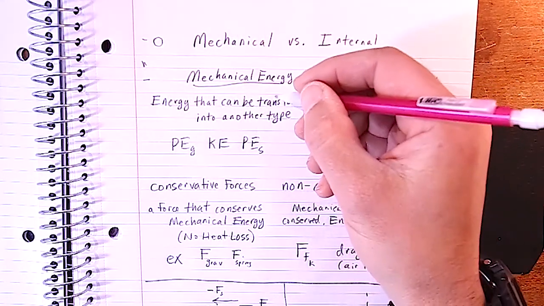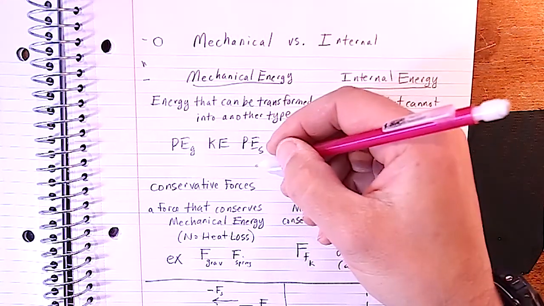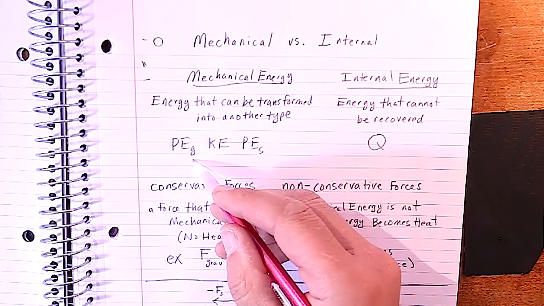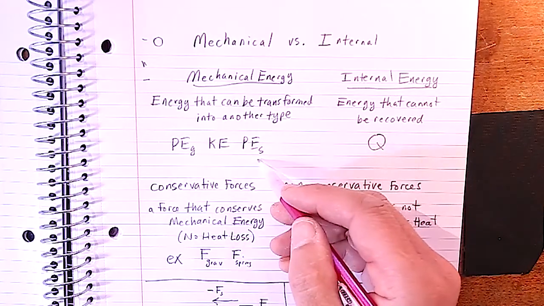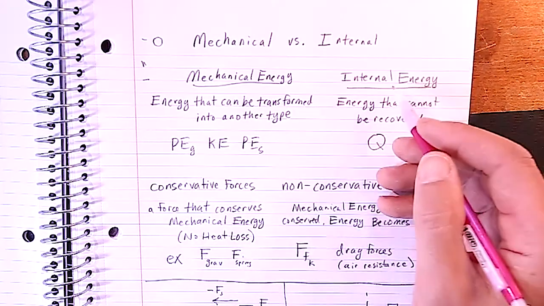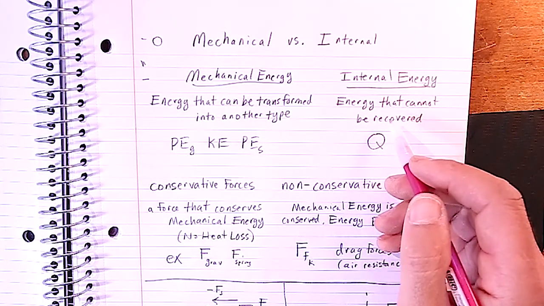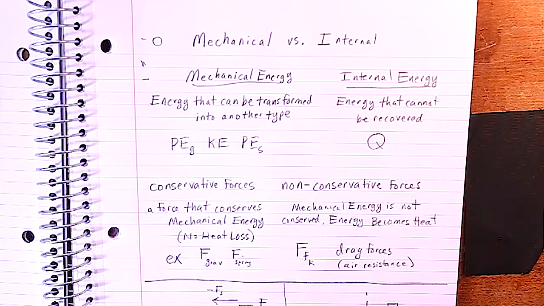So it can be transformed from one form into another. And there's three main types in physics: gravitational potential, kinetic, and spring potential. Whereas with internal energy, this is energy that cannot be recovered. So once an object gains heat, that heat can't turn back into kinetic energy, for example. It can't turn back into spring potential.